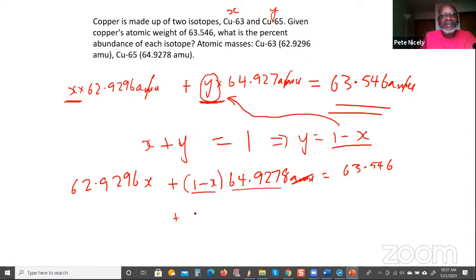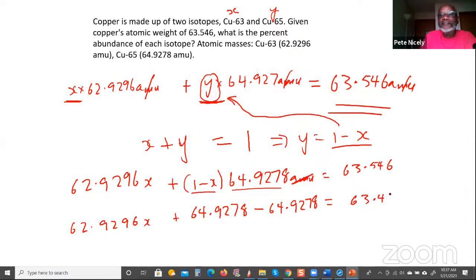So this becomes 64.9278 minus 64.9278x. I'm going to rewrite this here, 62.9296x, and here would be 63.546.